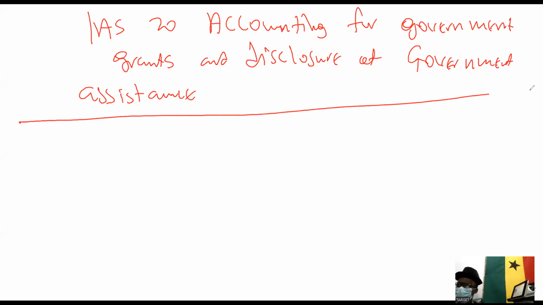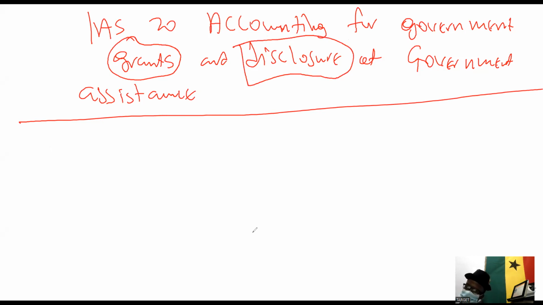If I summarize from the topic, we account for government grants whilst we disclose government assistance. Take notice of this: we disclose government assistance and we account for government grants.